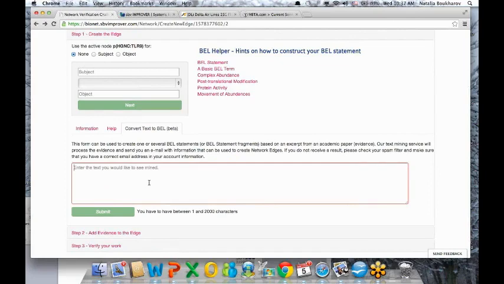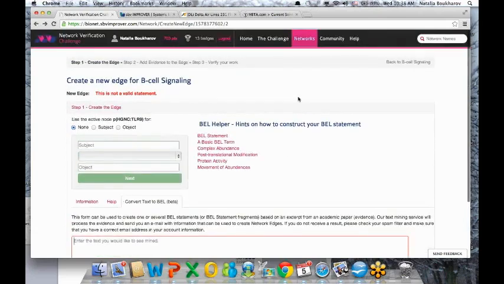And there is a magic fairy on the other end who's going to take that quote and email back a proper Bell edge. Ah, okay. And so then you take that proper Bell edge and you put it into this form. Yes.